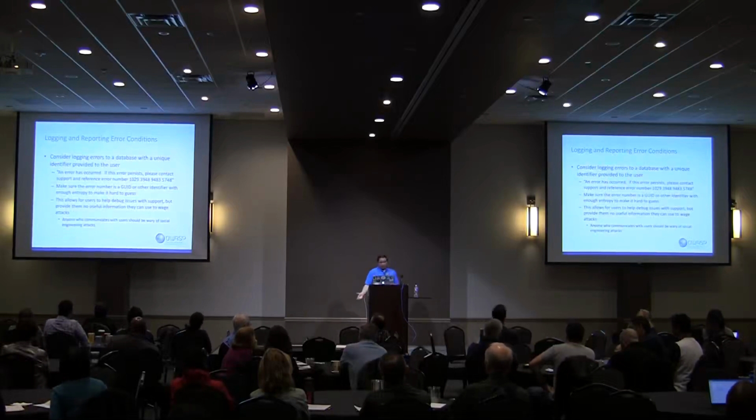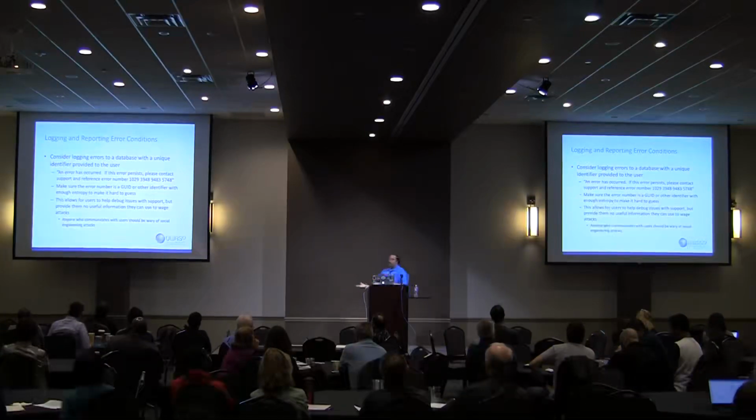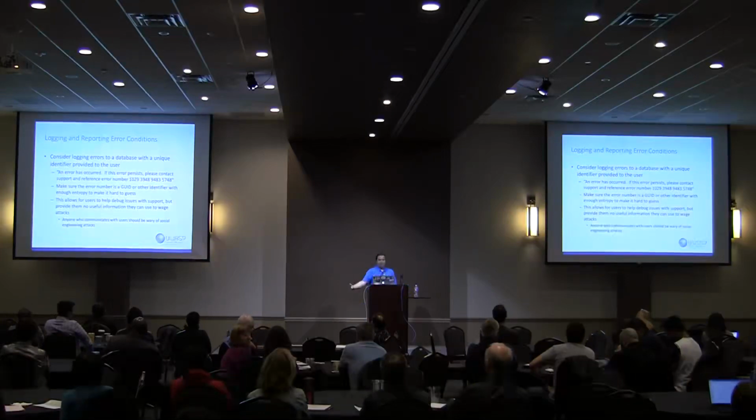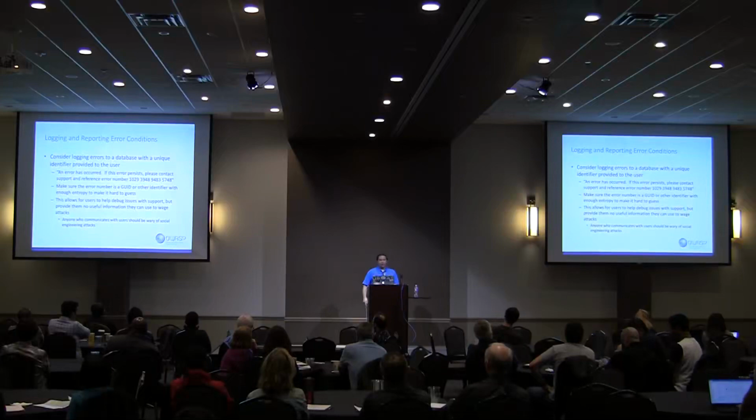Something you can consider in terms of error conditions is logging into a database with a unique identifier. Then when you present this error to a user, you present a message like, an error has occurred; if this error persists, please contact support and reference error number 1. If that's an attacker, they have zero information about it.